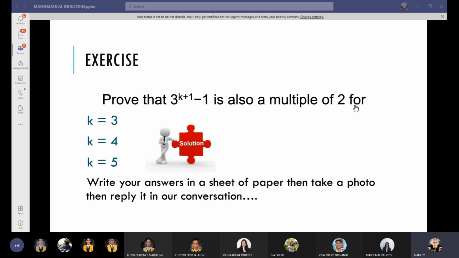We have here the second activity for Mr. Abby. So we have 3 plus 1, that is 4. And then 3 times 3, 9 times 3, and 27. 27 times 3.